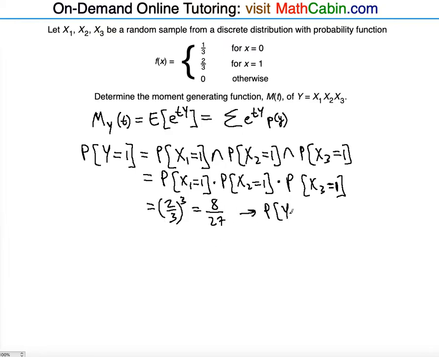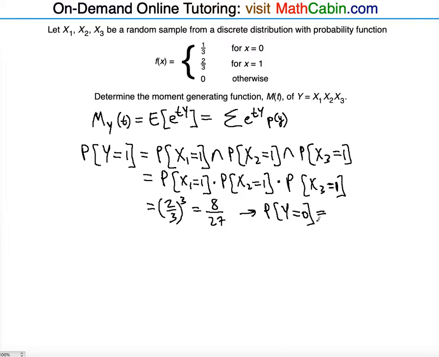So now, what does that tell you? The probability that y is equal to 0 now, because there's no other value that the y random variable can equal except 0 and 1. It depends on the x's, and x's can only be 1 or 0, because there's no other probability possible, and 2/3 and 1/3 add up to 1, the entire probability space.